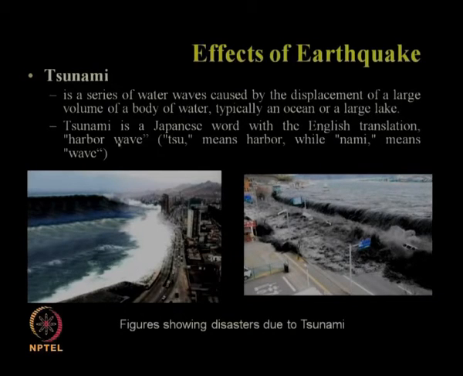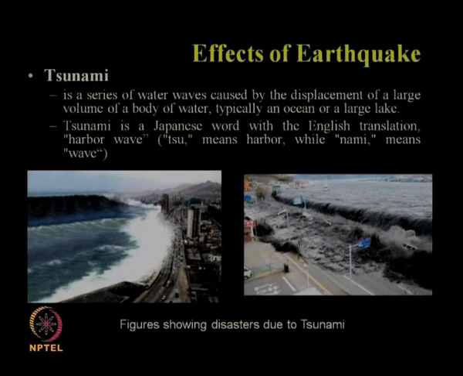Tsunami is a Japanese word with the English translation harbor wave, because the word can be broken into two parts: tsu, which means harbor, and nami, which means wave. That is why it can be called a harbor wave. You can see the picture of tsunami waves coming from the sea in this location.